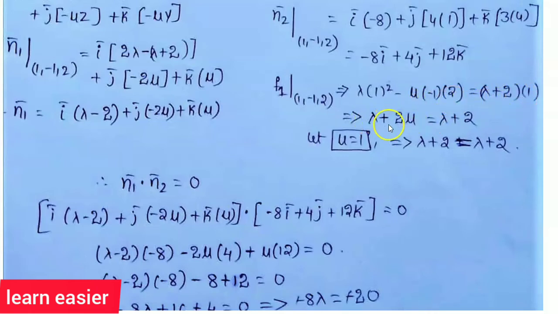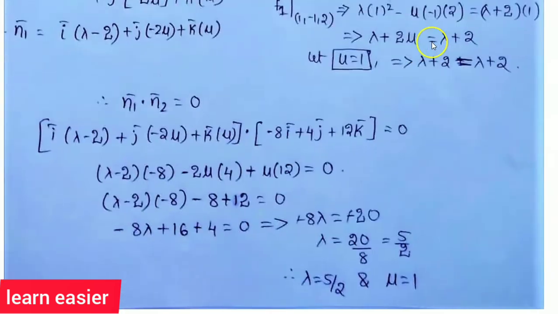So we get lambda plus 2 mu, and here is lambda plus 2. What is the value of mu for which these two terms become equal? That is mu equal to 1. When we substitute mu equal to 1, the two terms become equal, that is lambda plus 2 equals lambda plus 2. So the value of mu is 1.